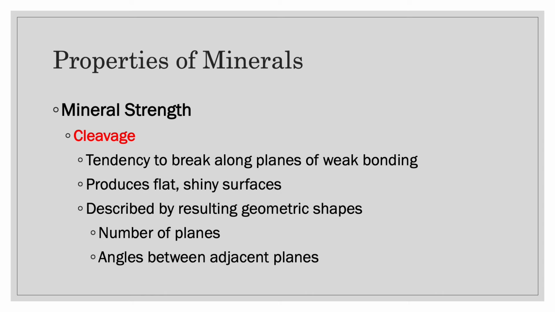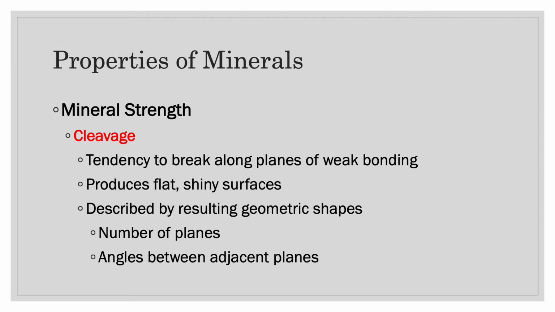And we generally describe the type of cleavage as a number of planes. So you might say one plane of cleavage if you see a number of breaks in a flat parallel surface. Or you might say 3 planes of cleavage if your mineral looks like the shape of a cube, for example.